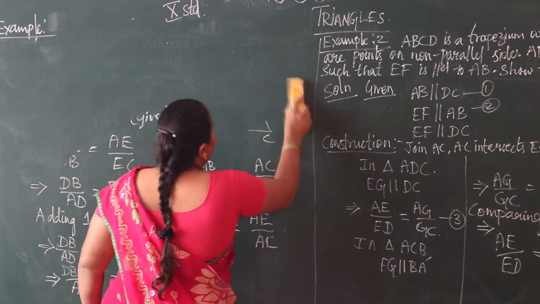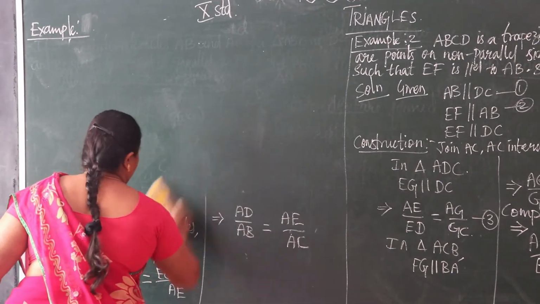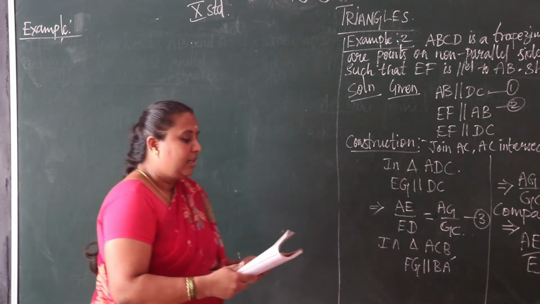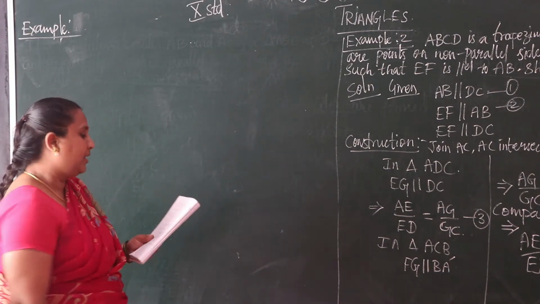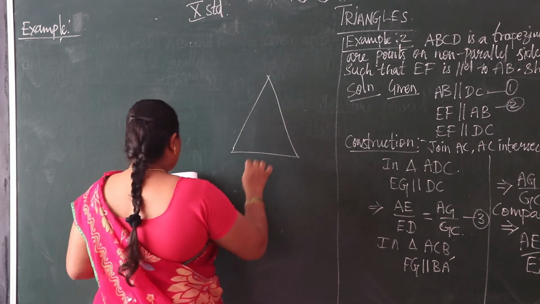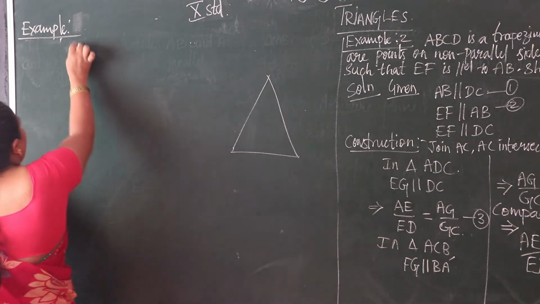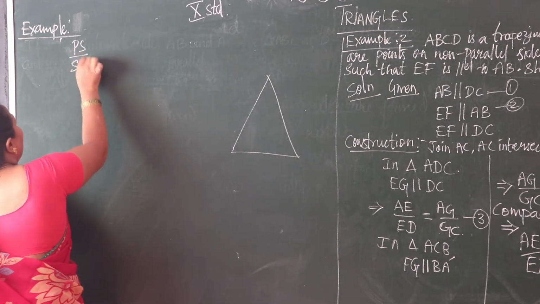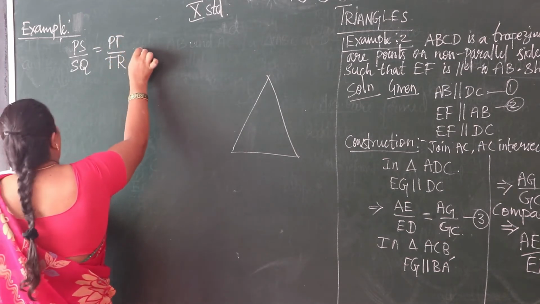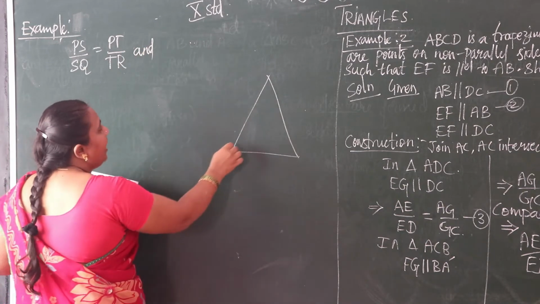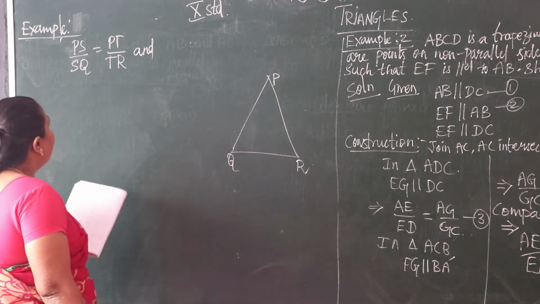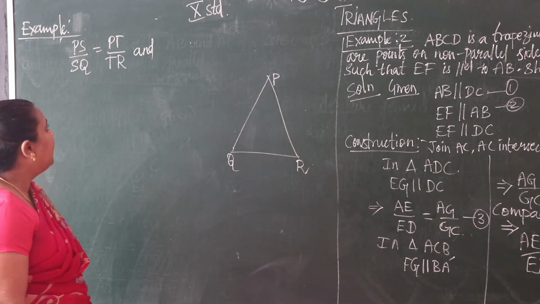It is given in the figure, which is also a triangle PQR. PS by SQ equals PT by TR.